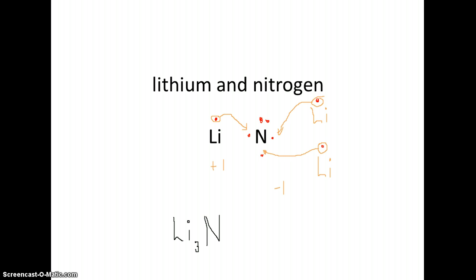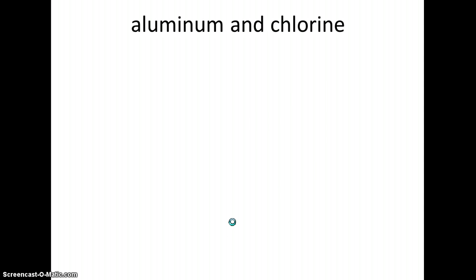Now for homework, I'd like you to try some of these Lewis structures, just as I did here, and write the chemical formula on the bottom, on a sheet of binder paper. The first one you'll be doing is aluminum and chlorine. Please have this on the binder paper because I will take a look at your work.